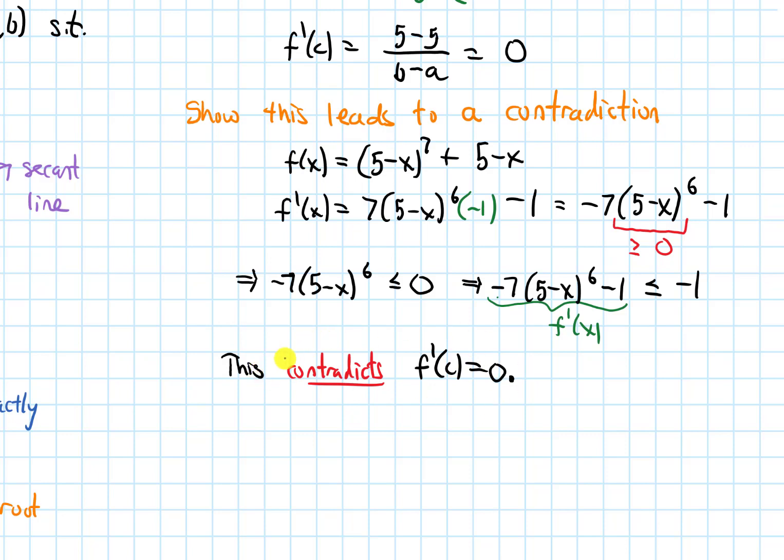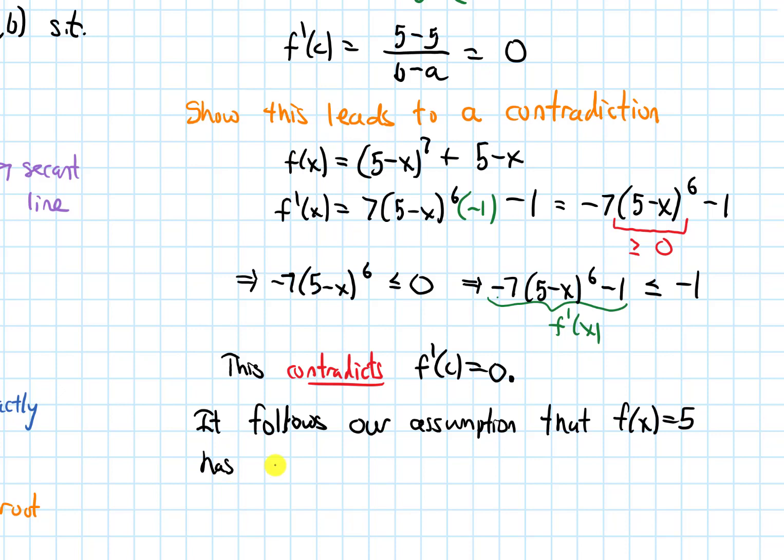And once we reach a contradiction, that means the assumption that we started off with was wrong. So it follows that our assumption that the equation f of x equals 5 has at least 2 roots is false.